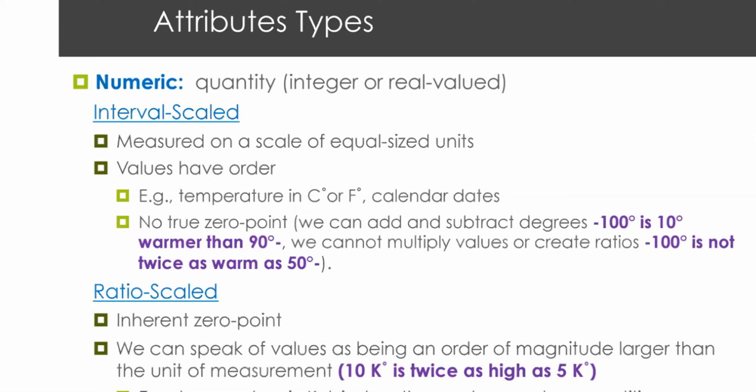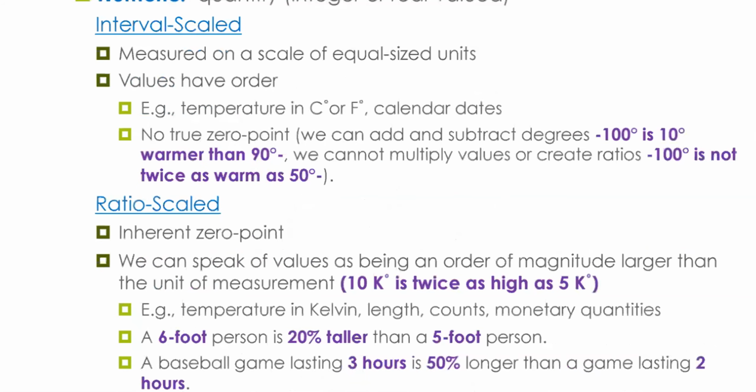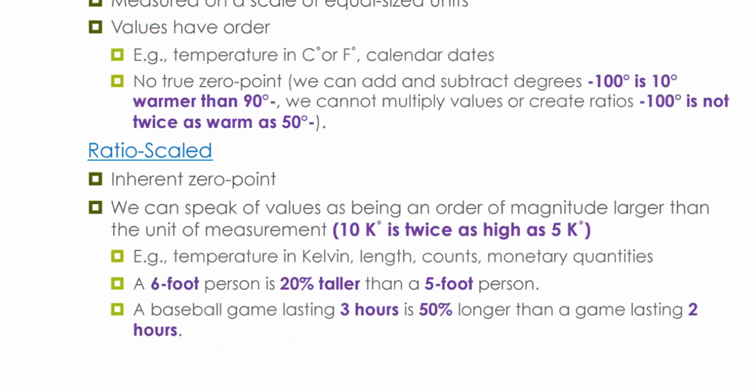Next are ratio scaled numeric attributes. In a ratio scale there is an inherent zero point, and we can speak of values as being multiples of another.